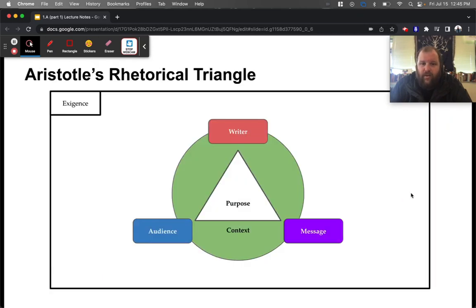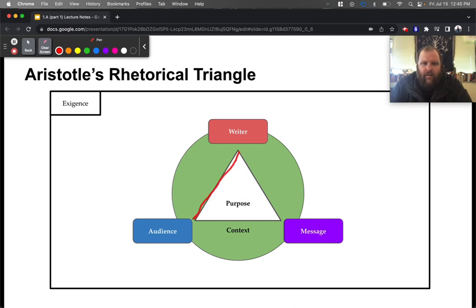So just as a visual, if this doesn't help you, ignore it. That's fine. I find this helpful. But we look at Aristotle's rhetorical triangle. So he came up with this kind of original idea, and then we've finagled it and changed it over time a little bit. So what we have here is our text.